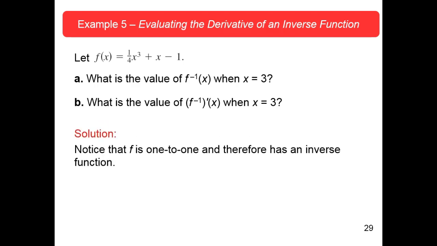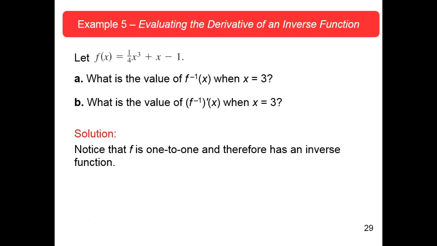Okay? Notice that f is 1-to-1 and therefore has an inverse function. Now, I can't look at that and tell you that's true, but they did. You can do this. Take the derivative of this, okay? The derivative of this is 3/4 x squared plus 1. Yes, that's positive everywhere, so this is a 1-to-1 function.